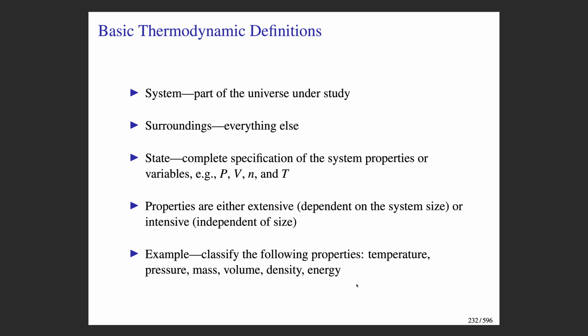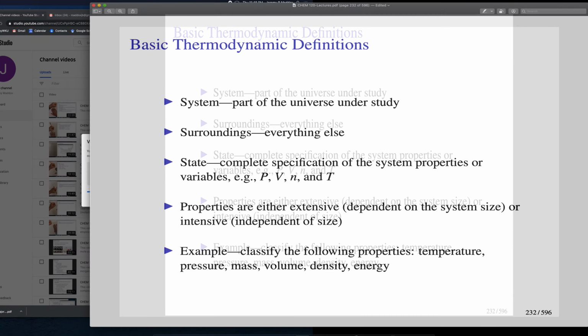In chemistry, the system is usually some reaction mixture of interest. Another term we use is the surroundings, which refers to everything else in the universe that we don't really care about. Very often we make a diagram that looks something like this. This is a generic system of interest that is surrounded by its surroundings. This is the portion of the universe that we care about. Everything else is the surroundings.